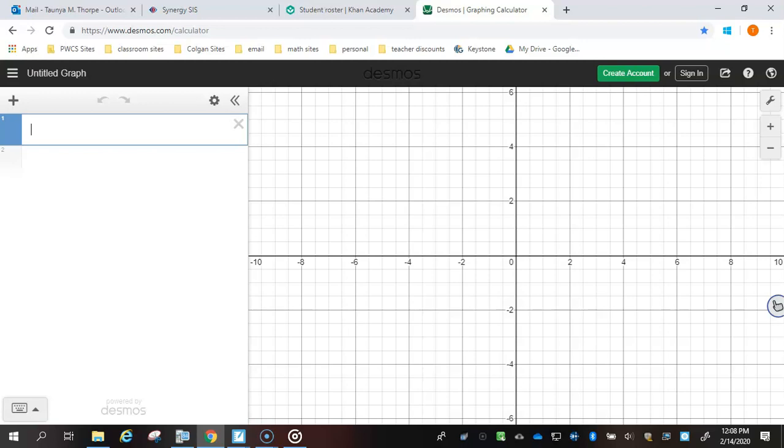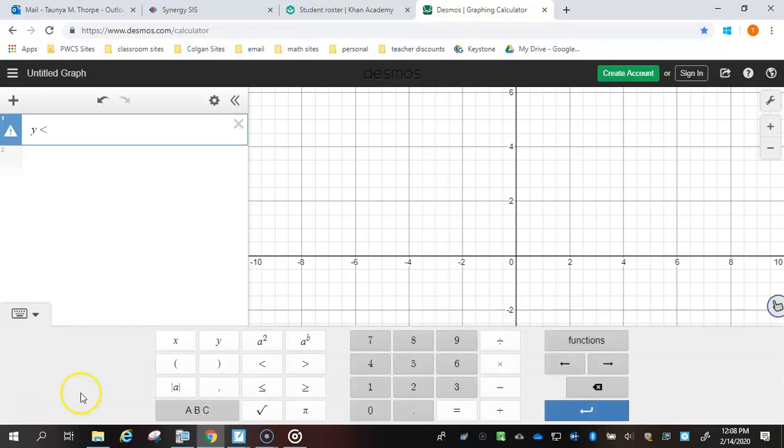For number 2, I'm going to put both of these in here on my computer. In a second, I'm going to let you grab your phones so that you can do it too. You can type in the inequalities. On your phone, you have the less than and greater than symbols, and in the keyboard you also have the rest of them if you need them.